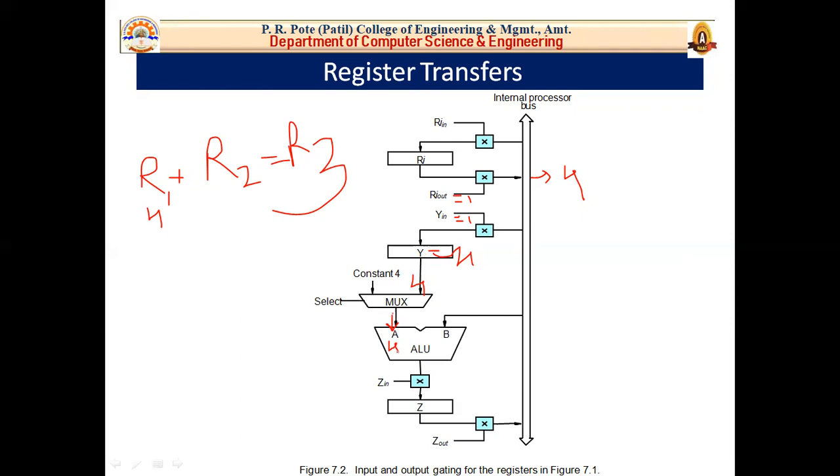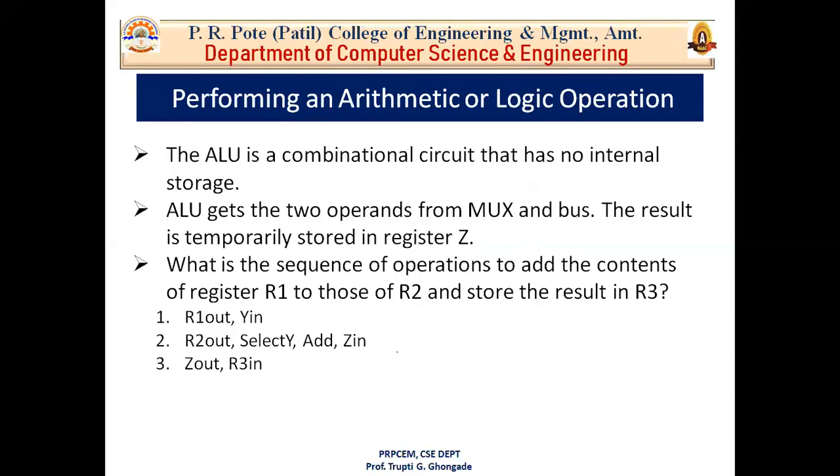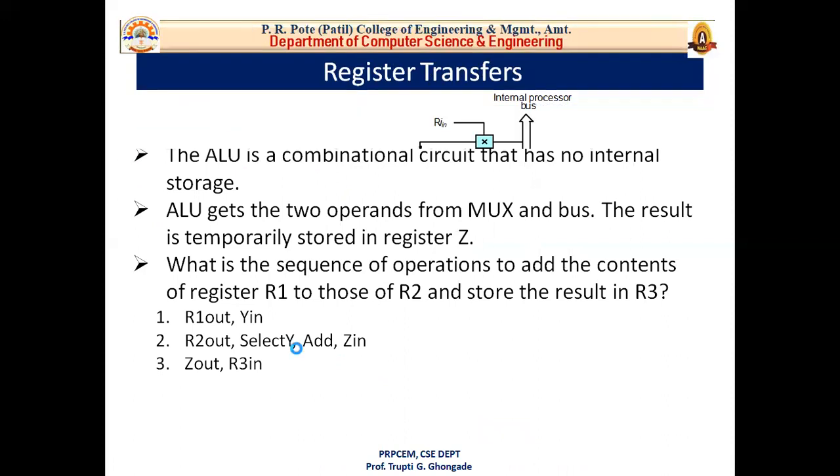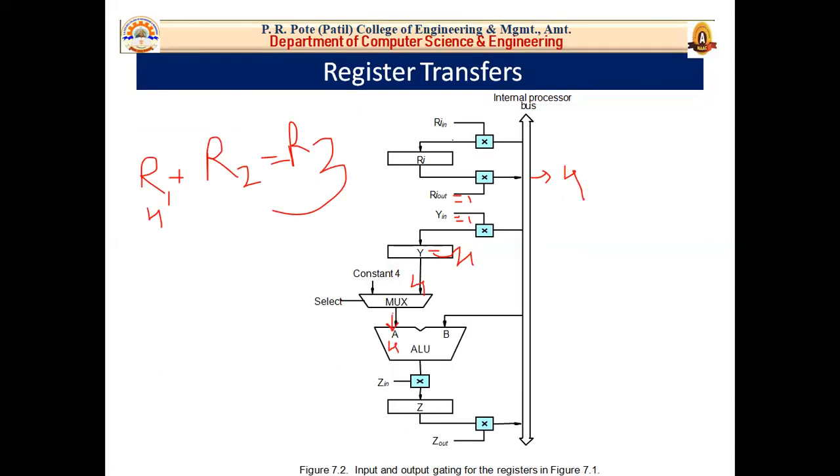And then the contents of register R2 get onto the bus. Register R2 is holding value 5. So when R2 is holding value 5, this R2 out is set to 1. That means the value of R2 is placed on the processor bus, that is 5.